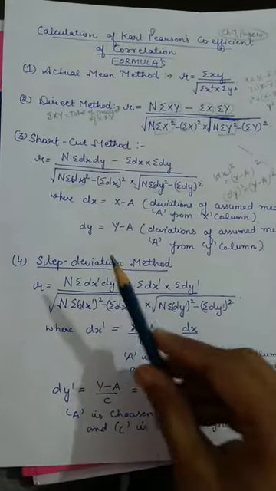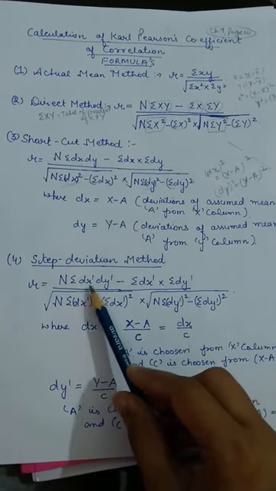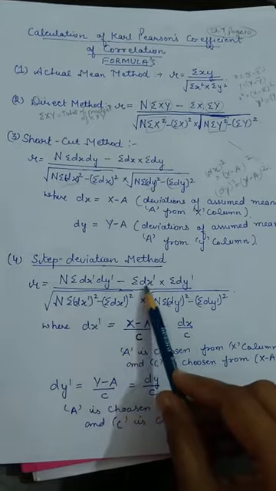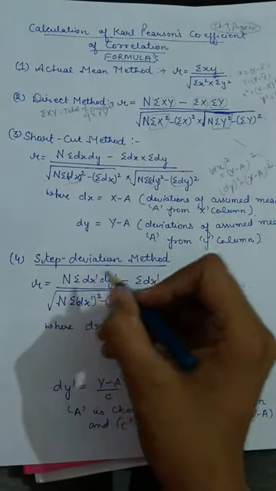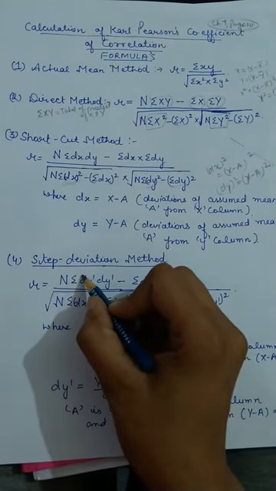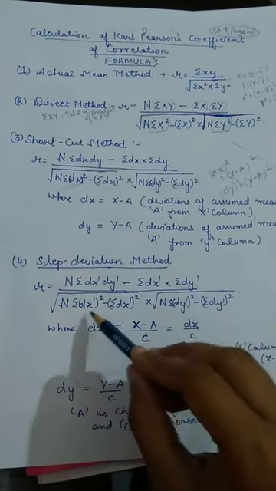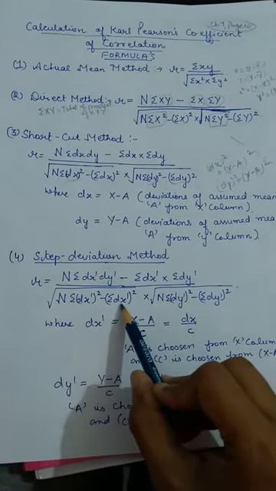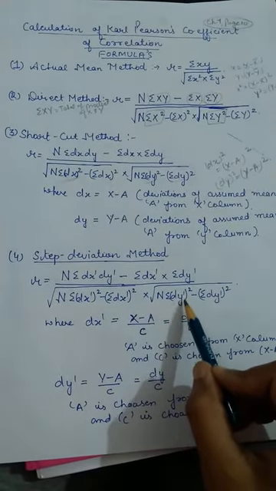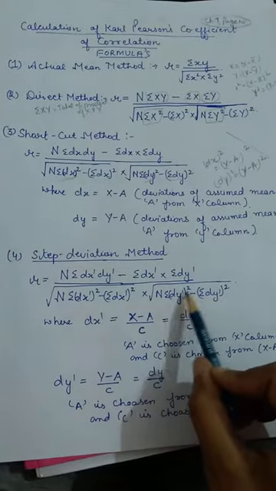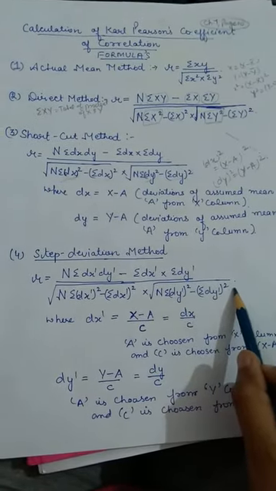The next one is your step deviation method. In this the formula is in this way: n sigma dx dash dy dash minus sigma dx dash into sigma dy dash, upon n into sigma dx dash square minus sigma dx dash whole square, then n into sigma dy dash square minus sigma dy dash whole square.